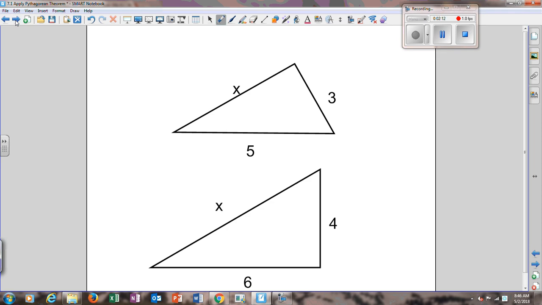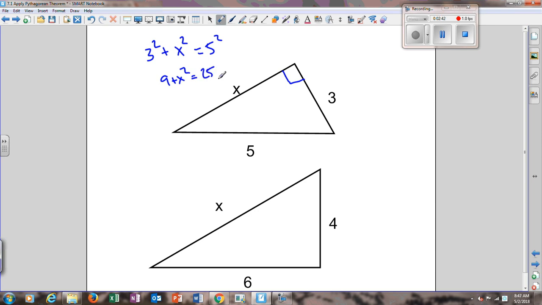If we continue using more examples like this, here we have 3, x, and 5. So we can do 3 squared plus our other leg, x squared, equals 5 squared. 3 squared is 9.